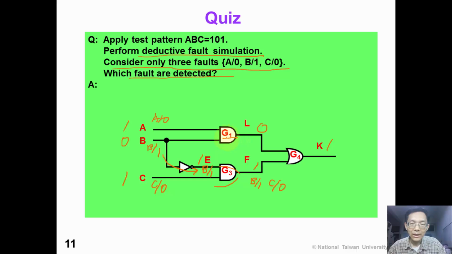For this AND gate G1, because B is controlling 0, so the fault list of A is not propagated to the output. So the fault list of L is equal to B stuck at 1.